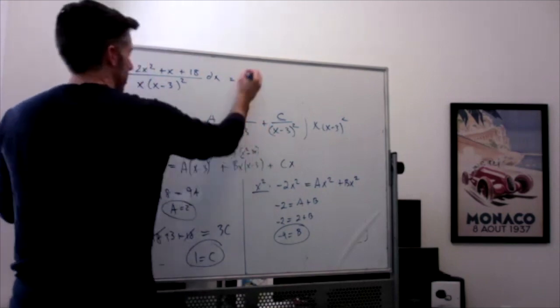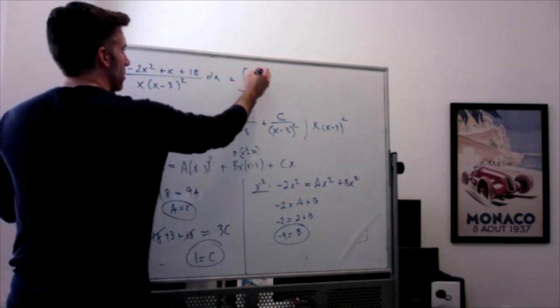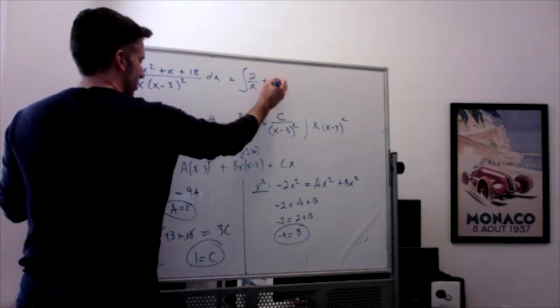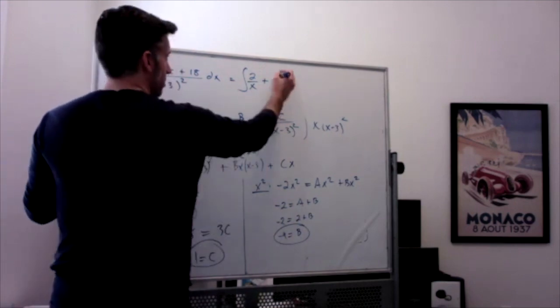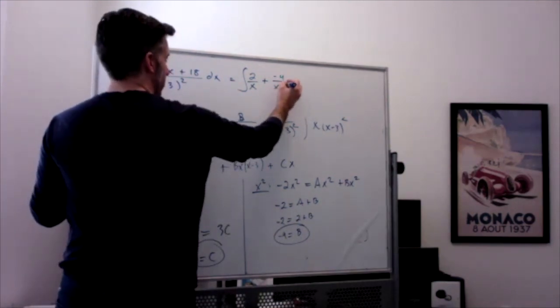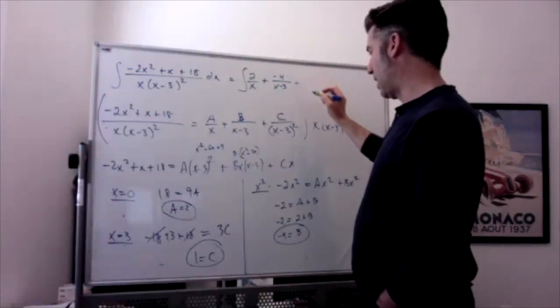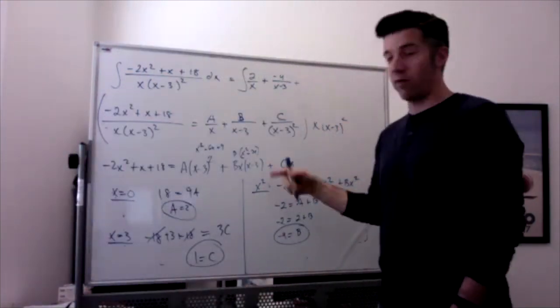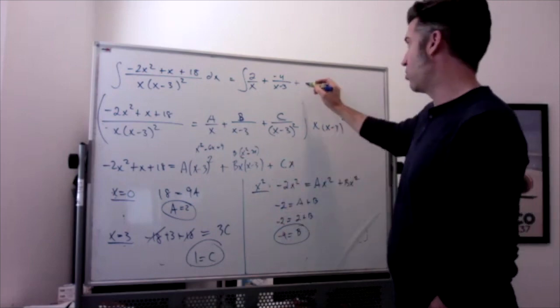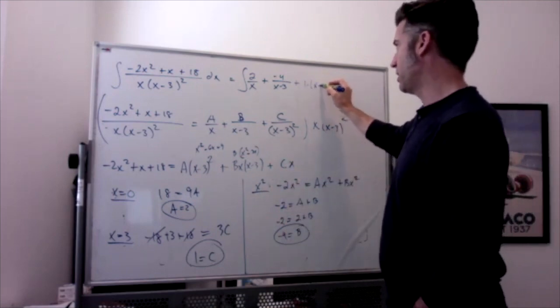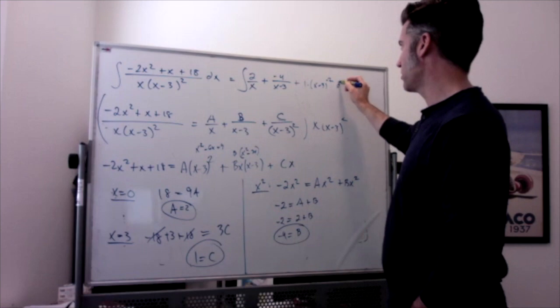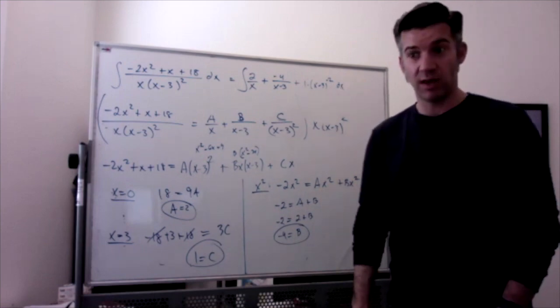So this is going to equal the integral of a over x plus b over x minus 3. And for any higher powers, I would really encourage you, instead of writing it as 1 over x minus 3 squared, to write it as 1 times x minus 3 to the negative second. Because it's easier to deal with that way.